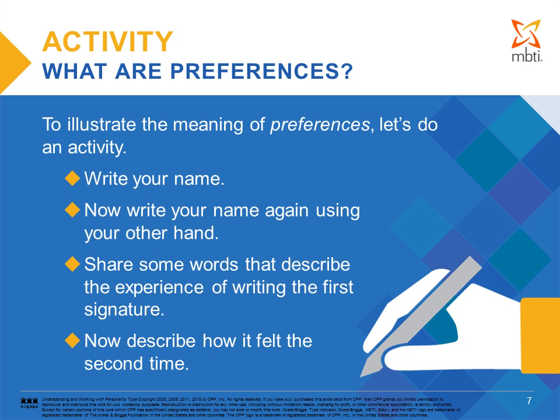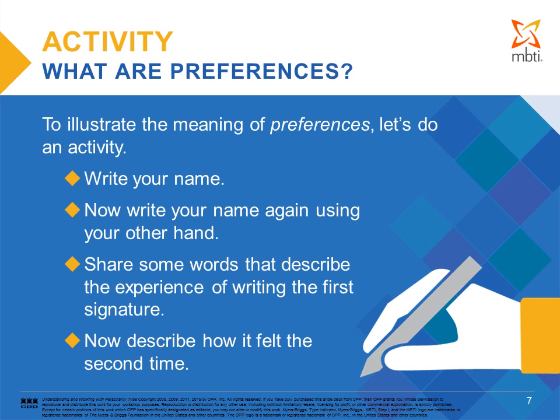Typically, people use words like comfortable and natural when writing with their preferred hand, and when writing with the opposite hand, often people might use words like awkward or messy. And so that's the meaning of preference.